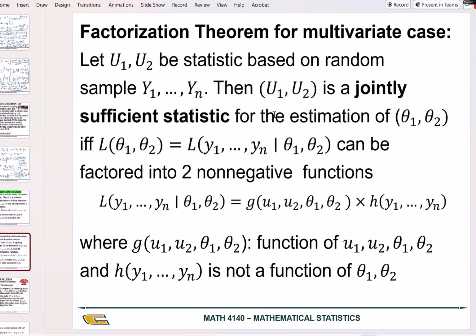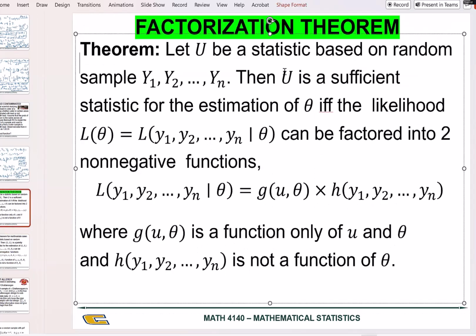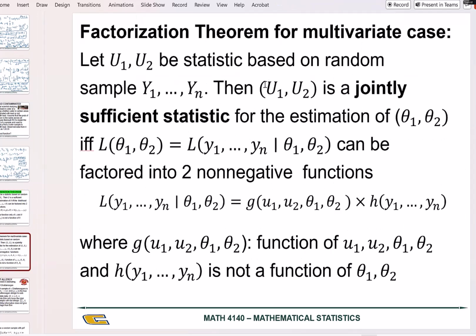There is another version we call the multivariate version. So here you have U1 to U2, and for sure, this is for the one-U case, a sufficient statistic, and here we have another term called jointly sufficient statistic. For sure, you can also make it U1 to Un.